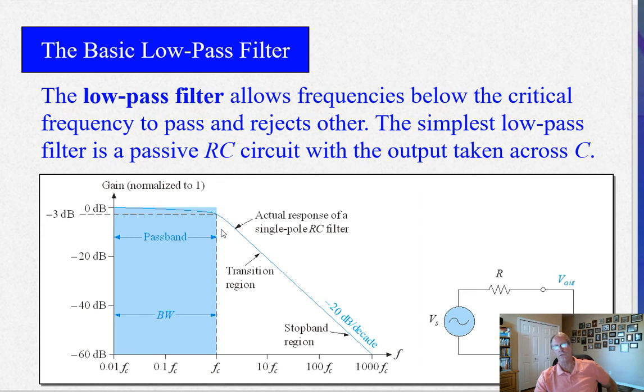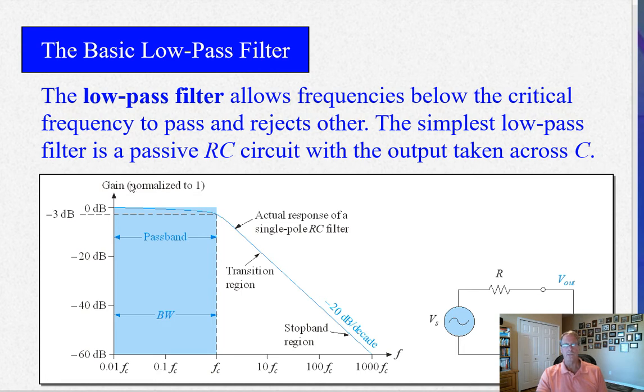The transition region is where the gain is on its way down, and it's minus 20 dB per decade. You should remember that. It's 20 dB per decade per pole. A pole is an RC combination, as you see here. It's a combination of a resistor and a capacitor. And you know this is a low pass filter, this circuit. Why? Because the capacitor shorts out high frequencies.